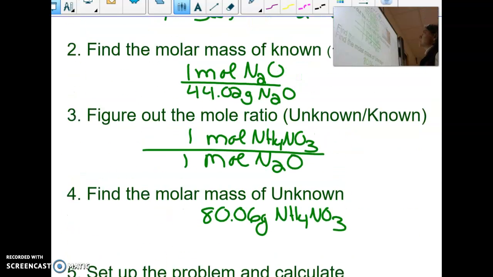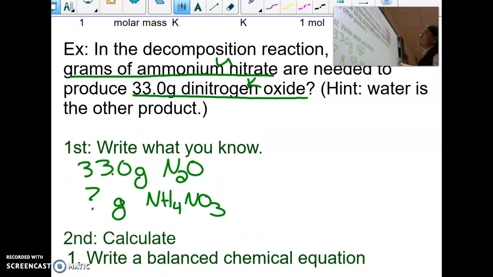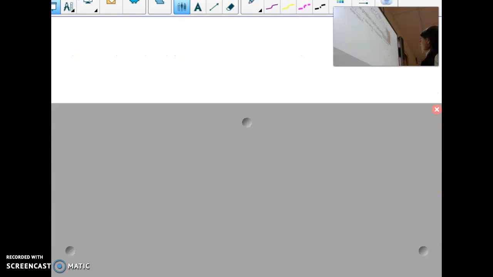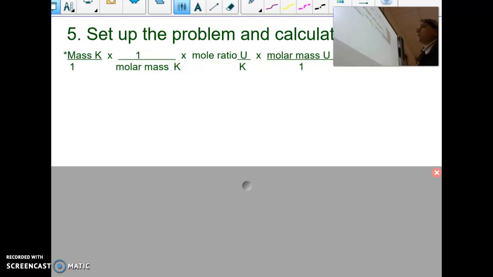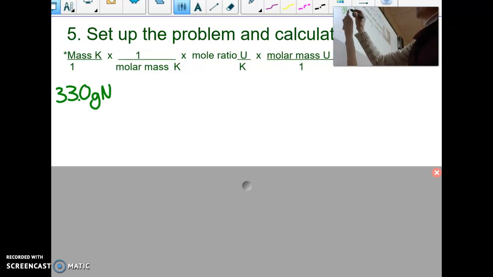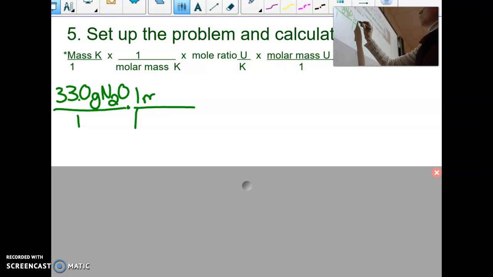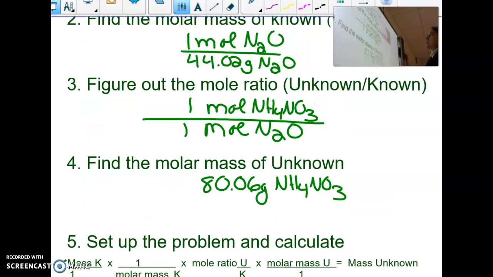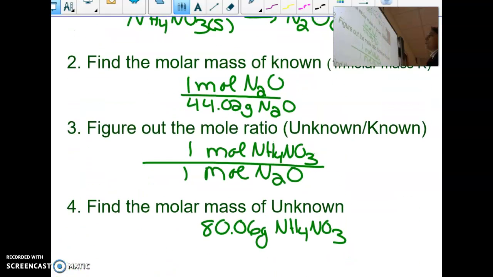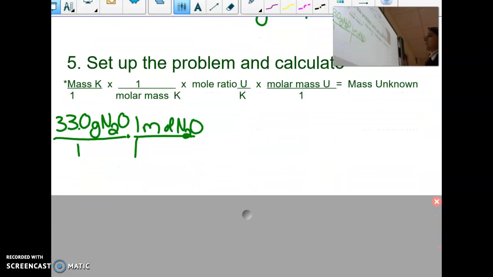So first off, our mass of our known quantity is 33.0 grams dinitrogen oxide. 33.0 grams dinitrogen oxide over 1 times our molar mass. So I'm going to do 1 mole dinitrogen oxide over the molar mass of dinitrogen oxide, which was 44.02 grams.